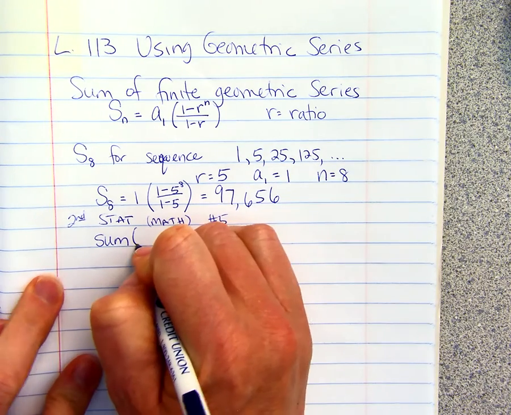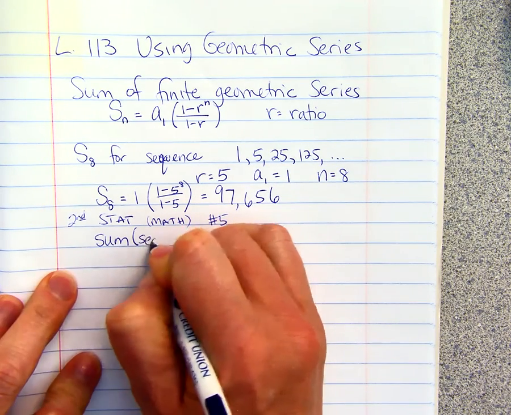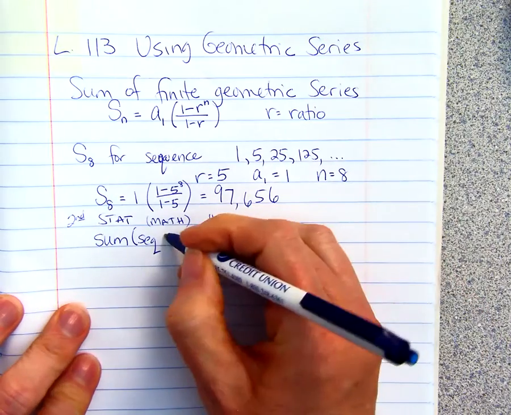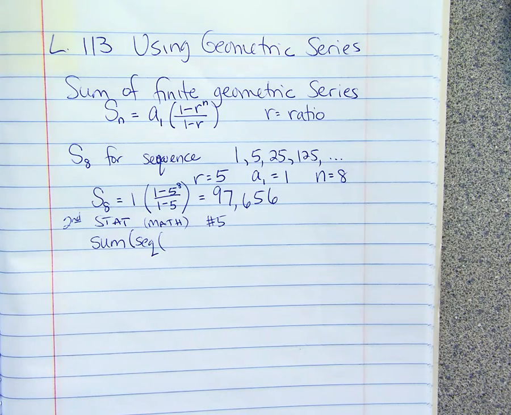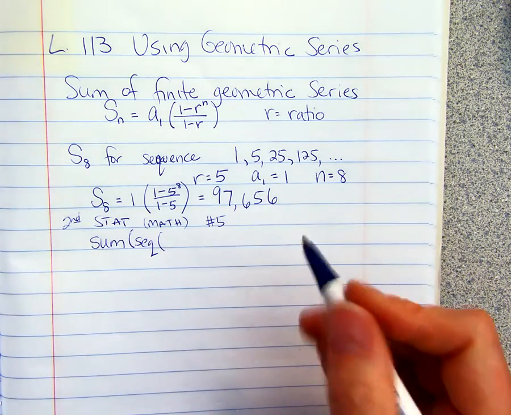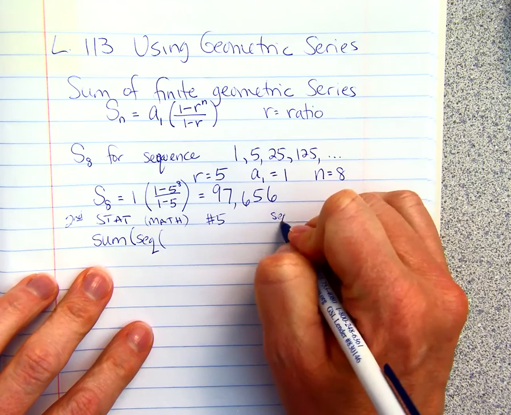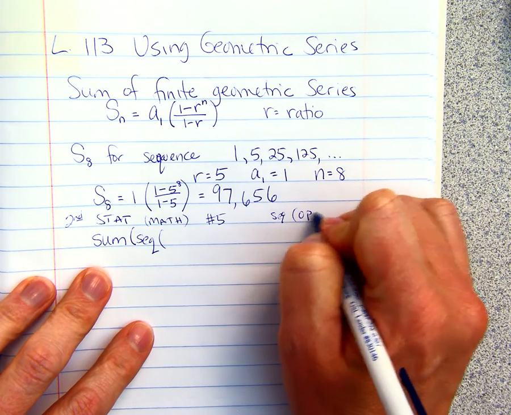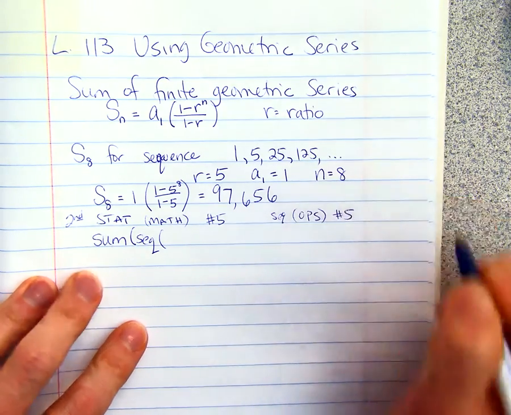So sum, and then in parentheses, you're going to do sequence. Sequence is in OPS instead of math, number 5.